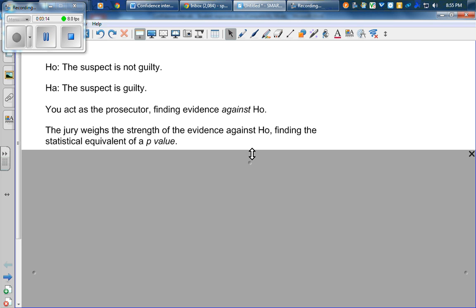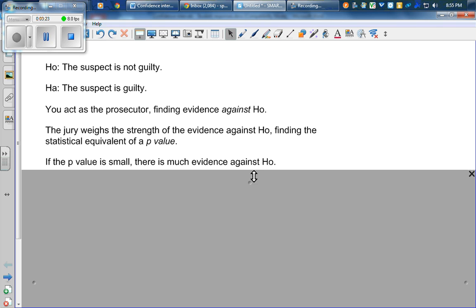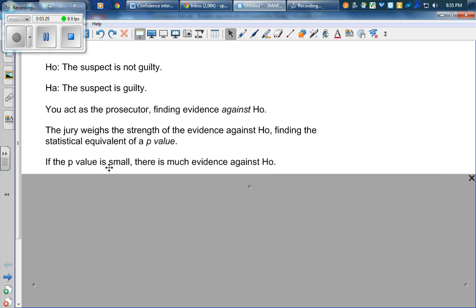It's not very likely at all. So I'm going to reject the idea that you're not guilty, and I think you are in fact guilty. In that case, we have a very small p-value. It's really unlikely that all that stuff would be true and H0 is true. So I'm going to end up rejecting H0 with a small p-value.